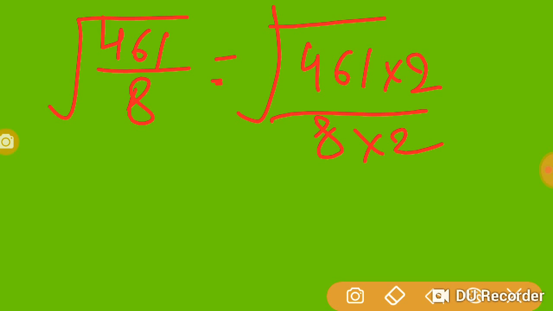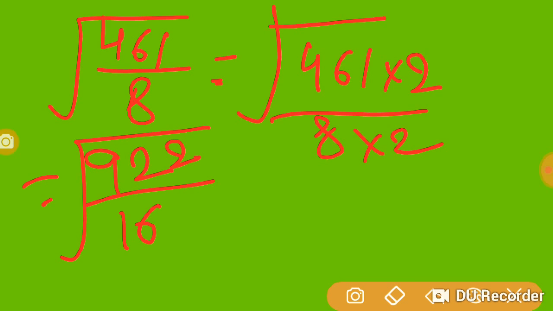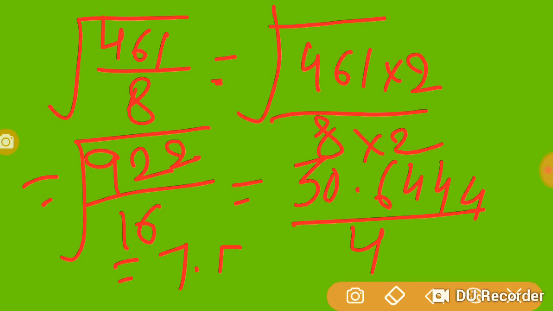So we will get 922 by 16, which is equal to 30.6444 by 4. So approximately 7.59. This will be the answer.